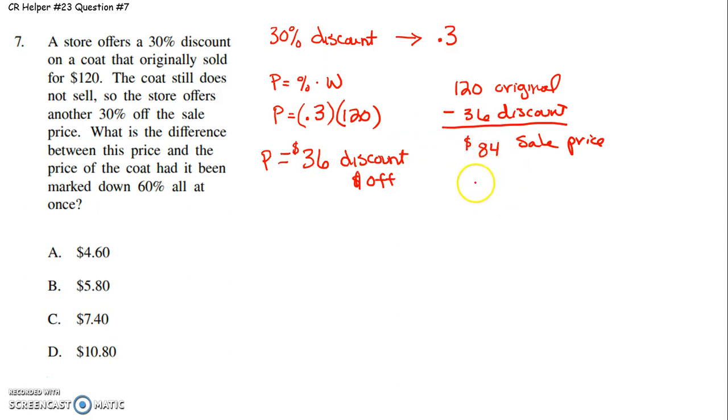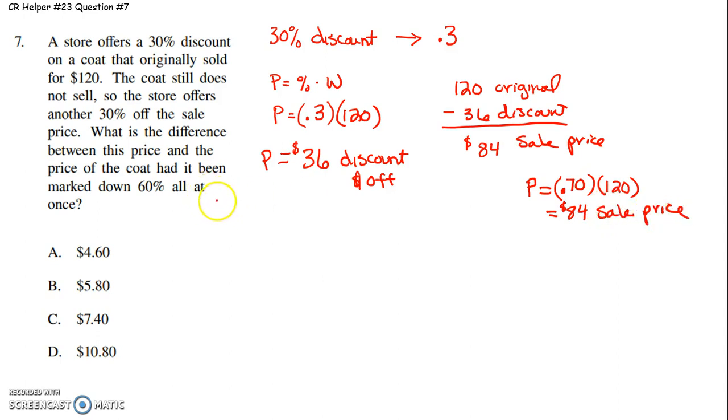Now, some of you may have gotten to that $84 by saying, well, if it's 30% off, I'm still paying 70%. So you maybe multiply 0.7 times 120. 0.7 times 120 gets you right to the $84, right to your sale price.